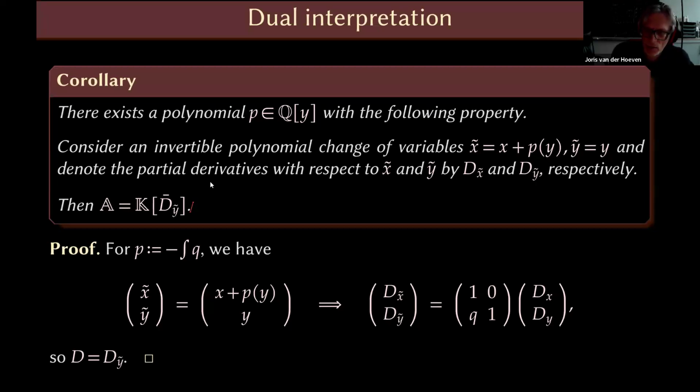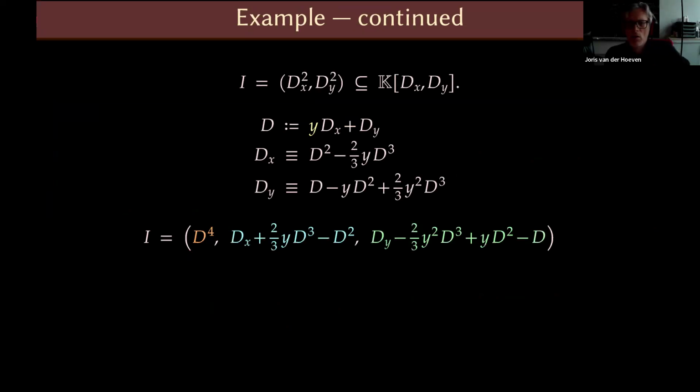So we are basically back in traditional kind of shape position with respect to y. So let us go back once more to the example of this quadruple point.